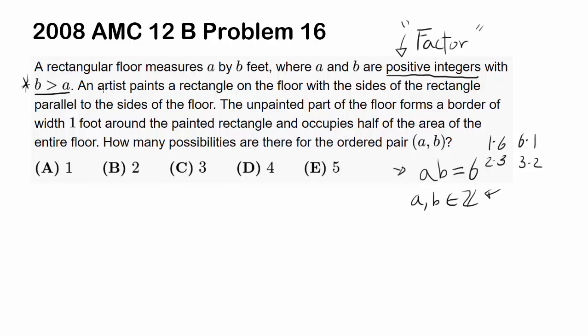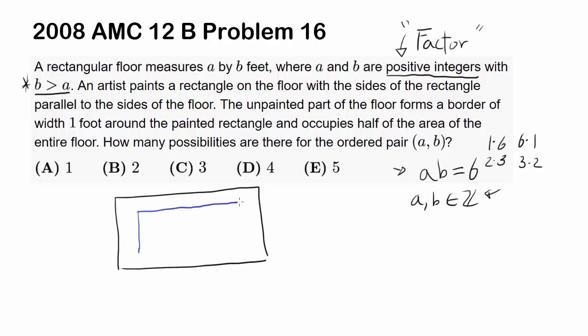So let's go on. An artist paints a rectangle on the floor with the sides of the rectangle parallel to the sides of the floor. So let's say this is a floor. And an artist comes by and he draws a rectangle. So he draws a random rectangle, and it turns out the unpainted part of the floor forms a border 1 foot wide around the painted rectangle.